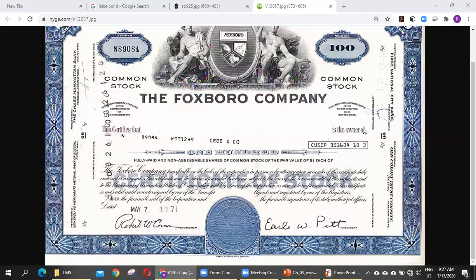Can you find an interest rate? Yes or no? Are there any interest rates? No, good, because it's a common stock, an ordinary share. An ordinary share doesn't have any right to interest.